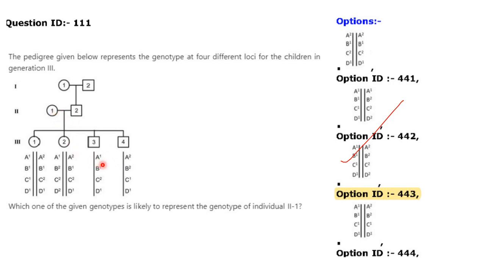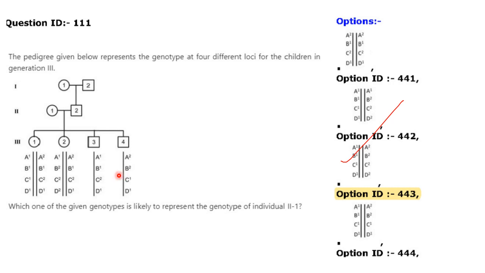So the mother is giving these 2 chromosomes, and we know that recombination between the X chromosome is also there. That you have to keep in mind.